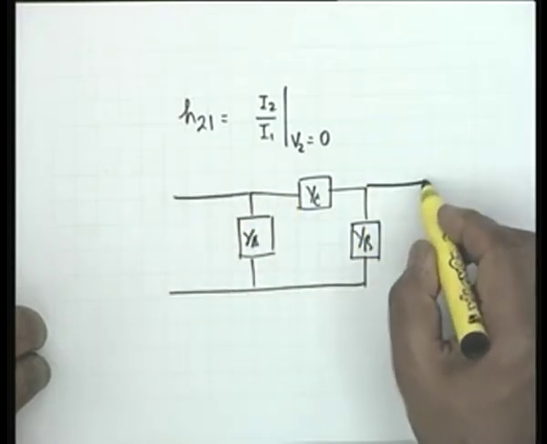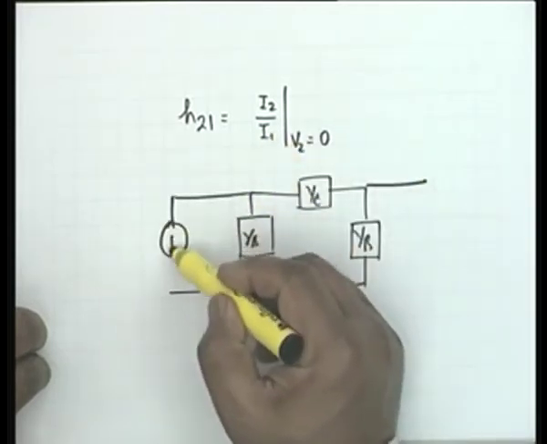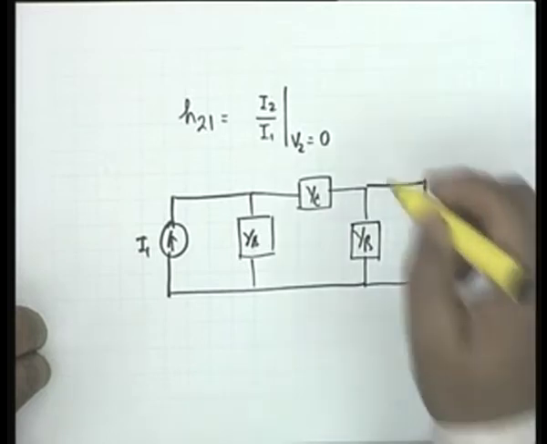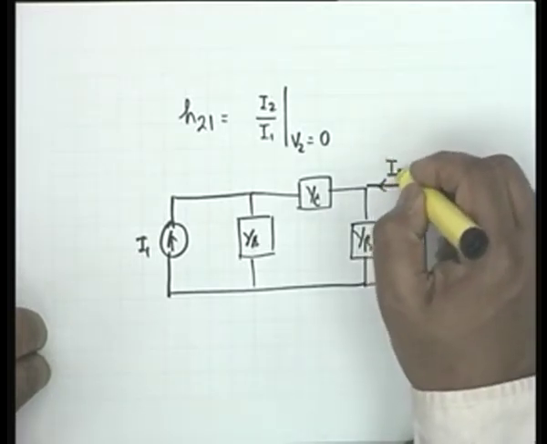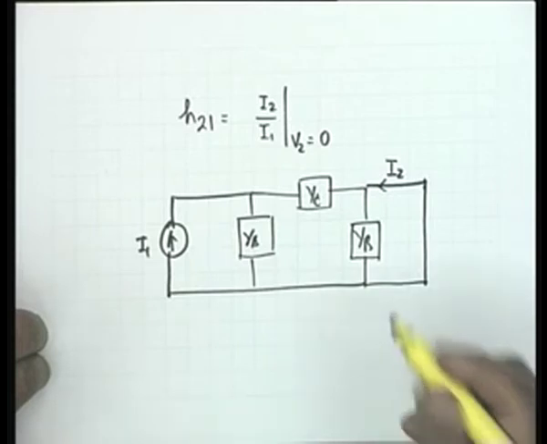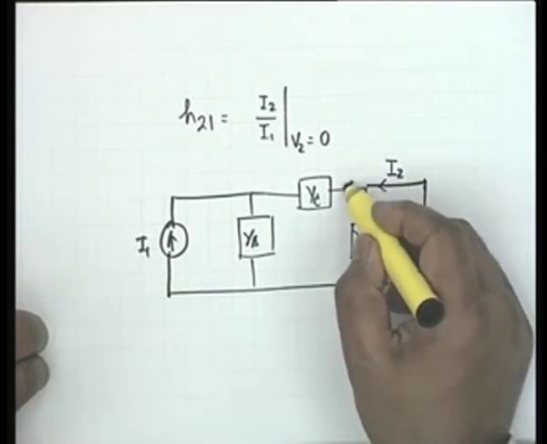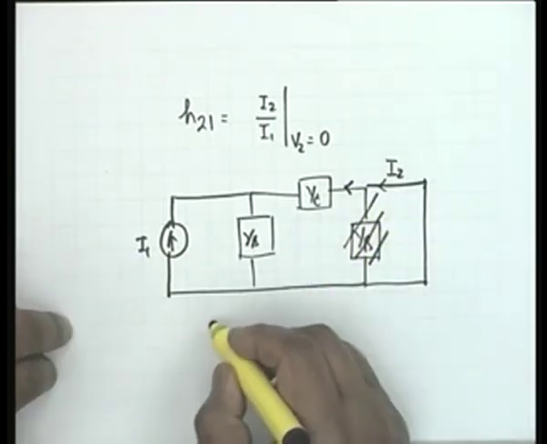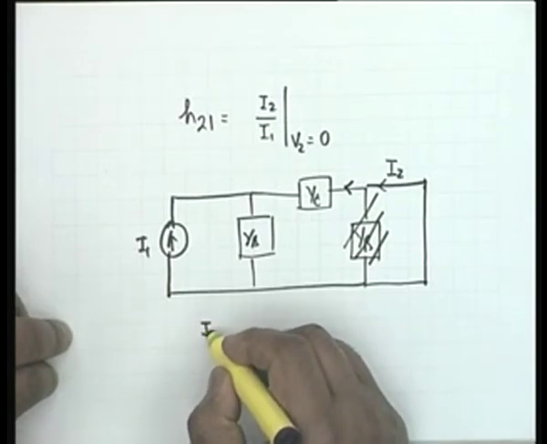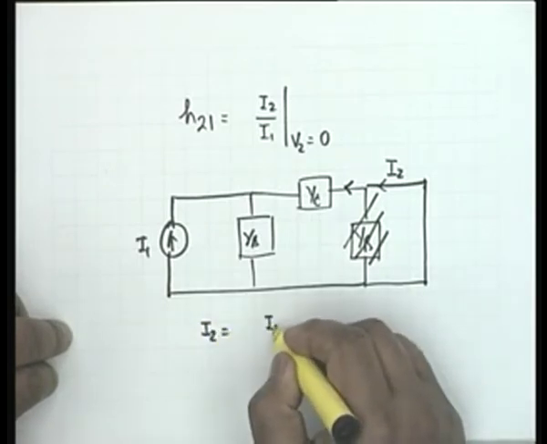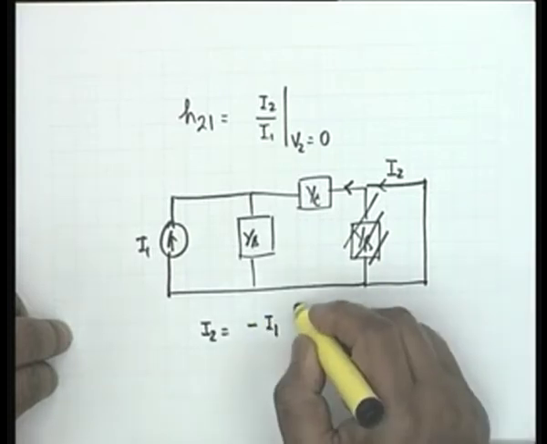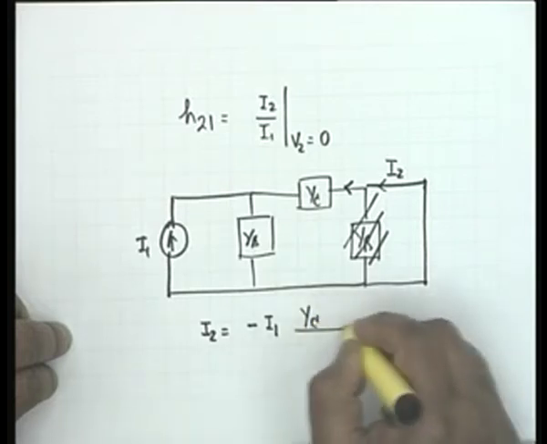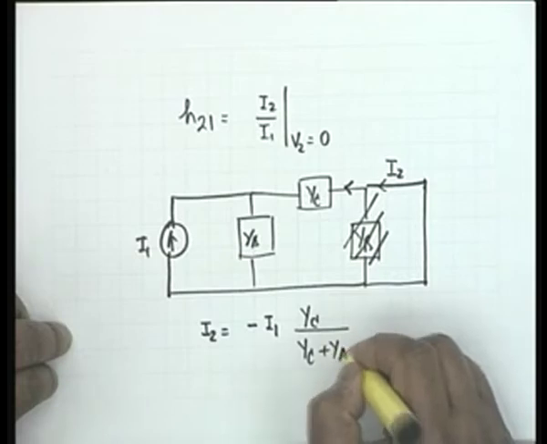Obviously the excitation is I1, there is a current source I1, and you are required to find out this current I2, which is obviously the current in YC also, because YB goes out of picture being short circuited, and therefore I2 would be equal to I1 times YC divided by YC plus YA, with a negative sign.